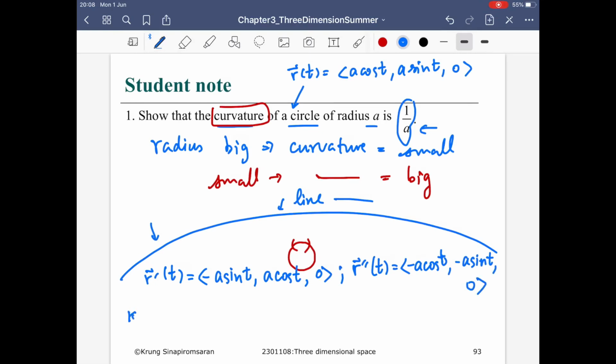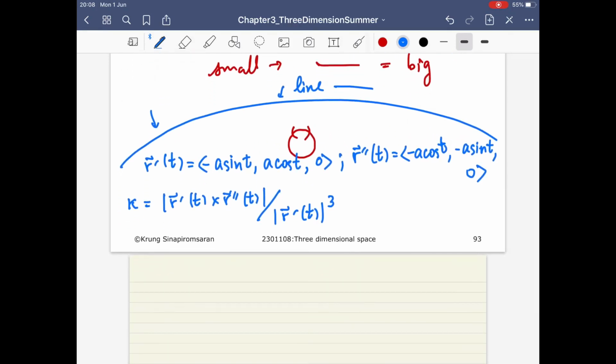To find the curvature, don't forget that you need to find the length of r prime cross r double prime over the length of r prime cubed. So you need to find the cross product between r prime and r double prime first.